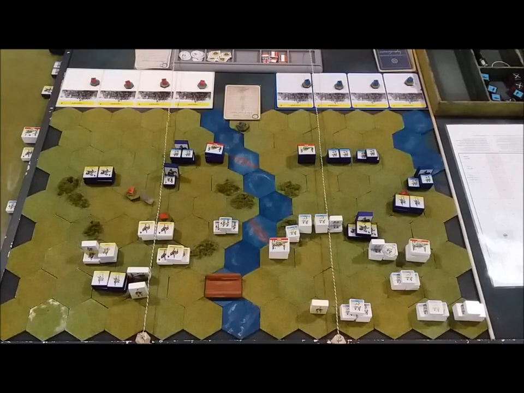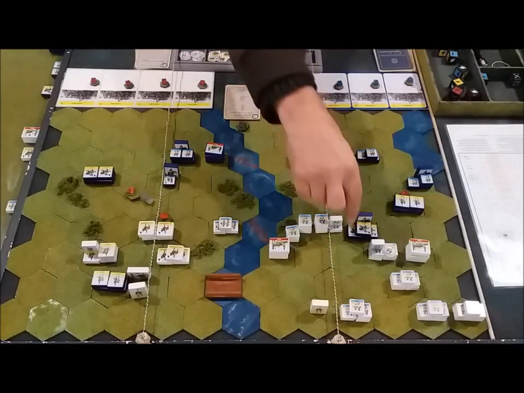And the answer is a resounding yes. So the line unit has 5 die, +1 is 6, and we need cavalry symbols. And we get 1 and 3 retreats.